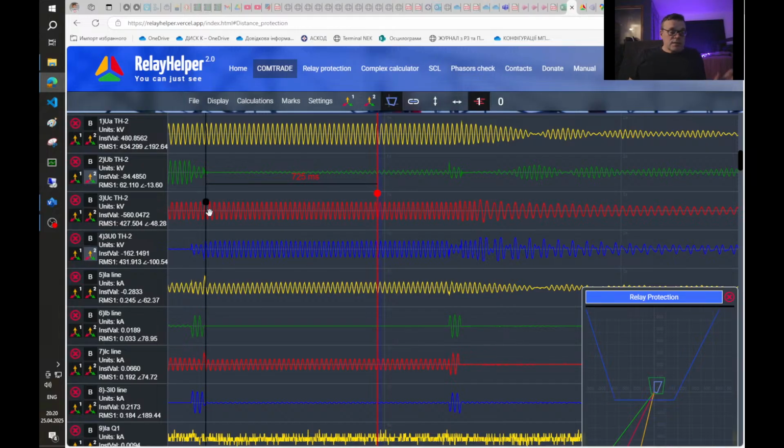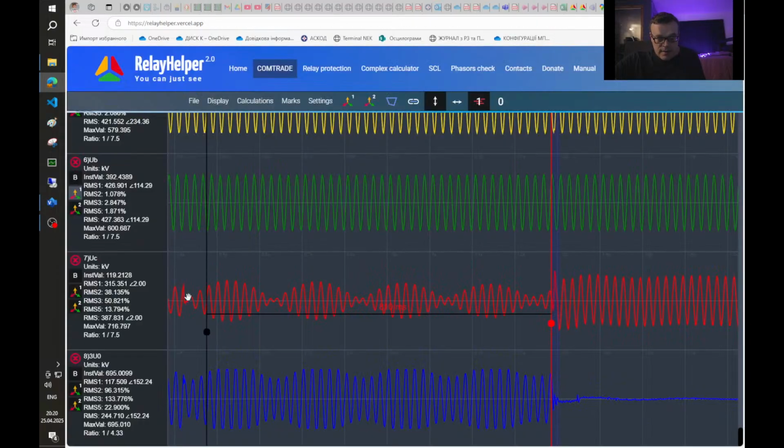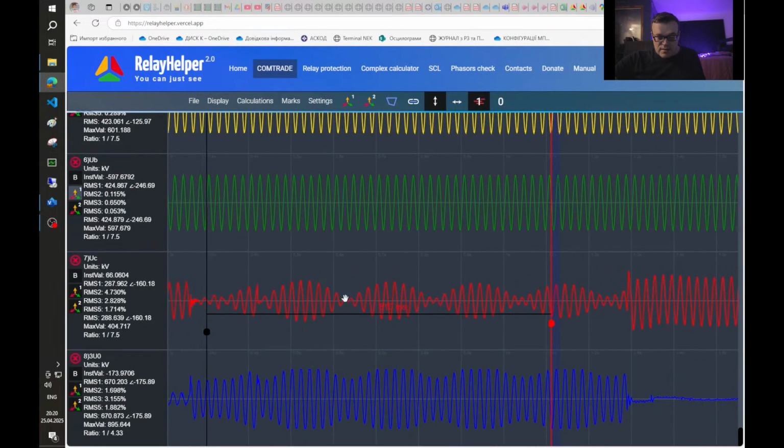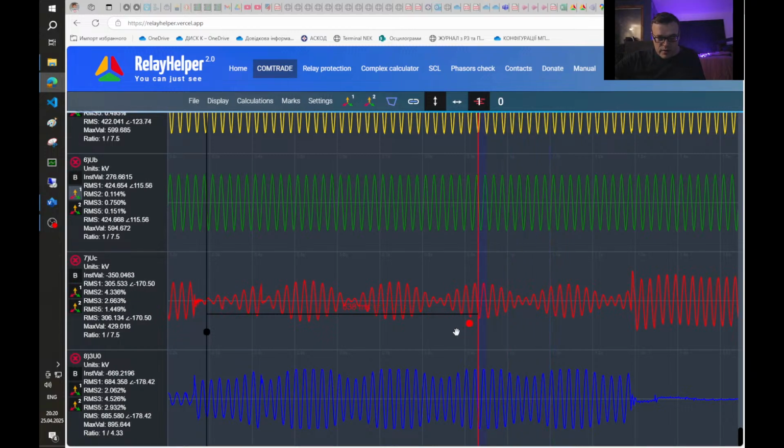And if we see this case, we can close the faulted phase already here, just in that period of time, after around 30 milliseconds.